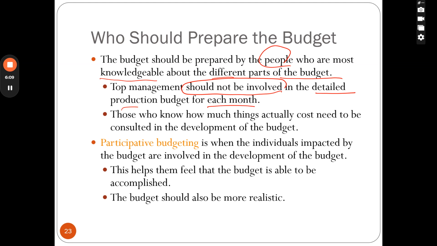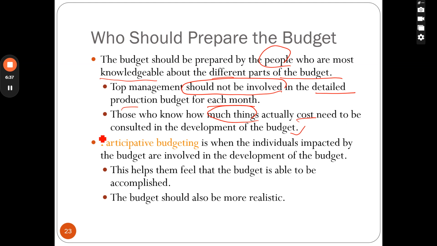They should not get involved in the details of the budget. Those who know how much things actually cost need to be consulted in the development of the budget. So people who know how much it is going to cost have a clear picture of how the budget has to be. They should be involved in the preparation of the budget.